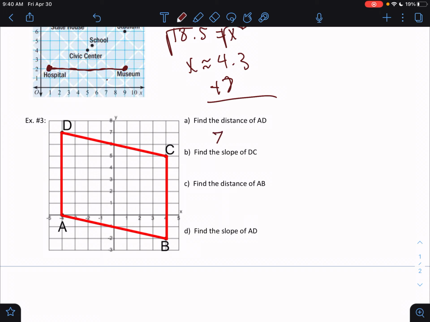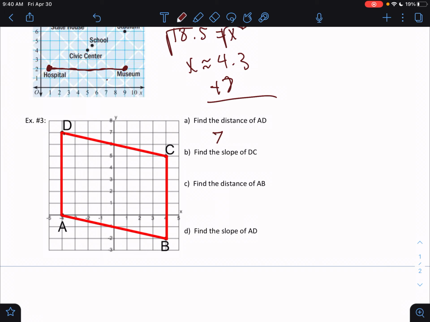Now we want to figure out what the slope is of DC. So you need to remember how to find slope. So slope can also be called the rate of change. So we want to know our change from D to C. Remember, slope is rise over run. So you have to go up and down first and then left or right.